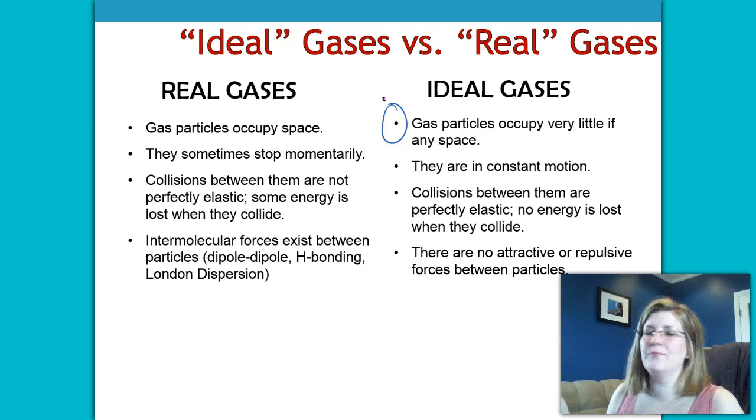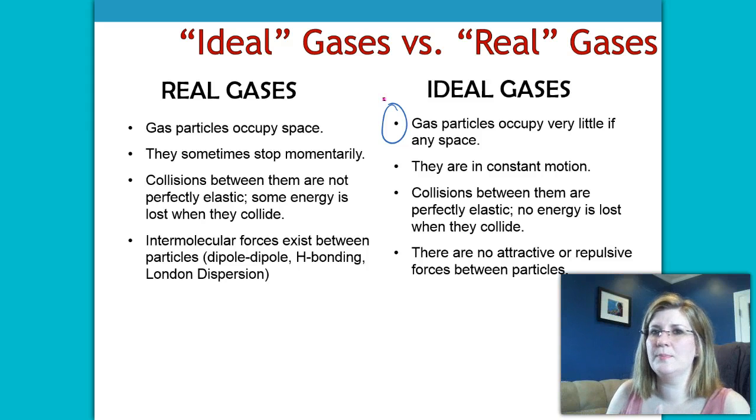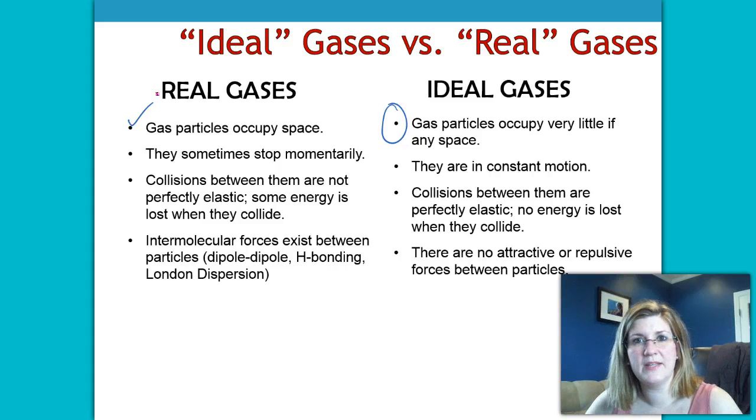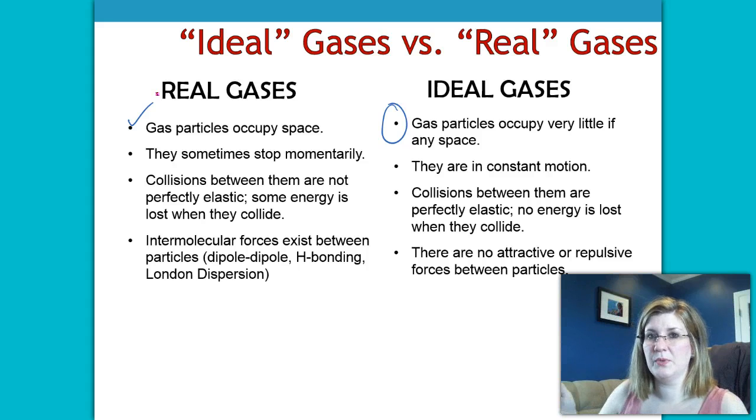Every piece of matter in the whole world, solid, liquid, gas, plasma, occupies space. So that's the first thing we can discount. A real gas occupies some amount of volume. Now, the molecules might be very, very small, but they still take up space. We've learned that a gas is mostly made up of empty space, and that empty space is also very real, the space between those molecules.